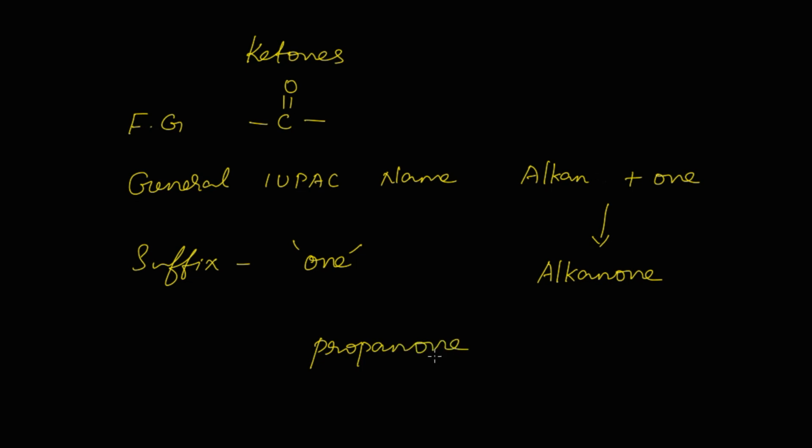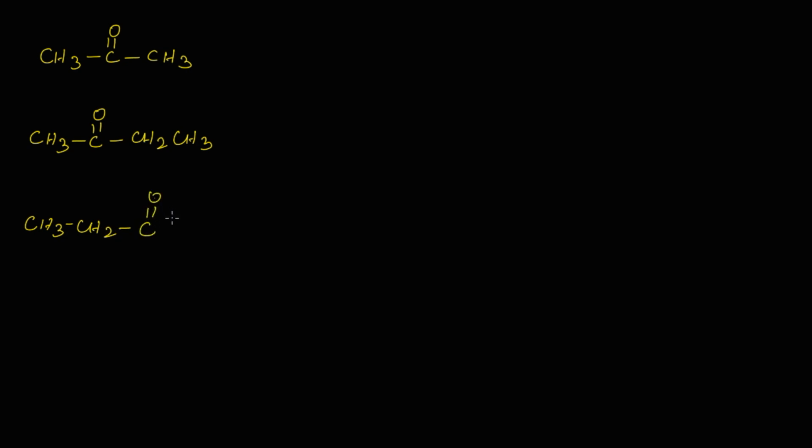Come on, let's learn some more examples for ketone. CH3, C double bond O, CH3. Then CH3, C double bond O, CH2, CH3. Then CH3, CH2, C double bond O, CH2, CH3.